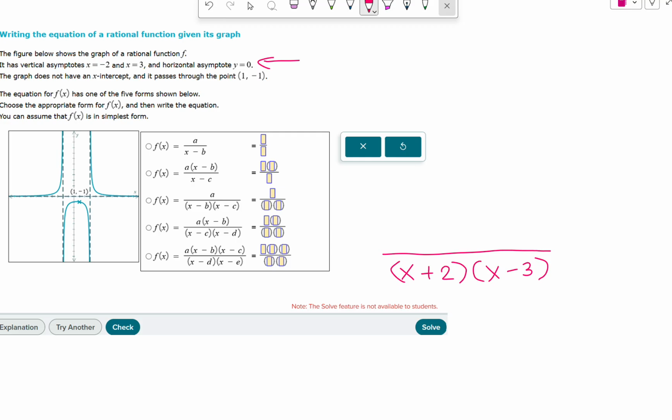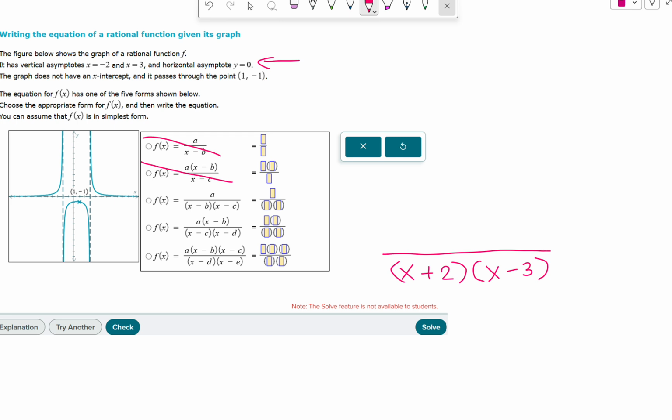We use the opposite sign. All right, and now that is giving me part of the answer because the format has two factors of x in the bottom. So I could actually cross out this answer and this answer right away because they only have one vertical asymptote in the denominator and I have two.